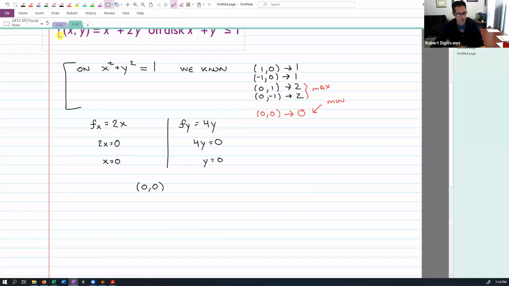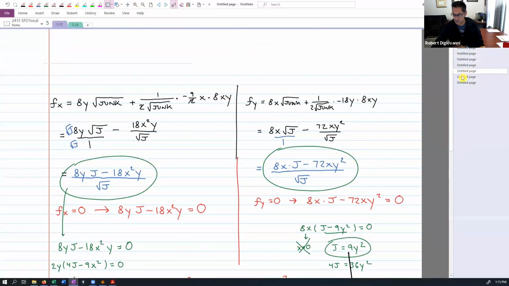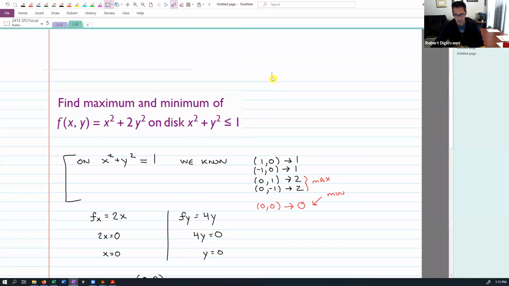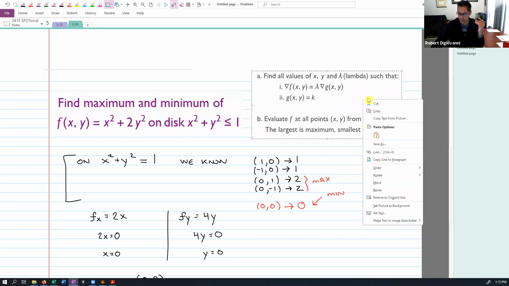I wanted to also grab the Lagrange steps. Where are they? Here we go. Or the formula for Lagrange, what we do. Okay, so dang it.